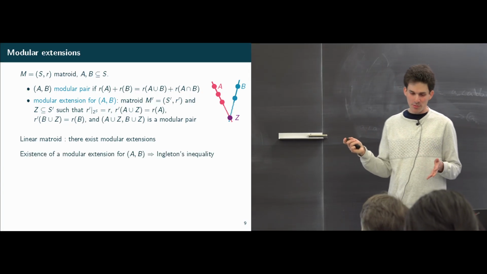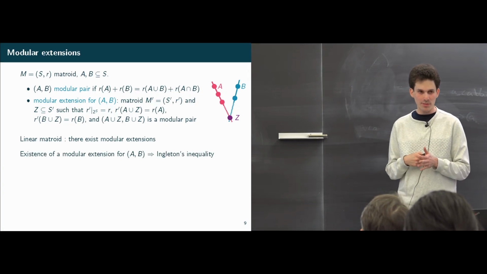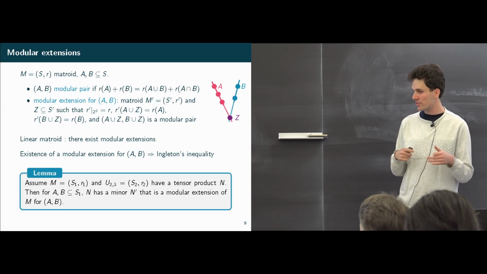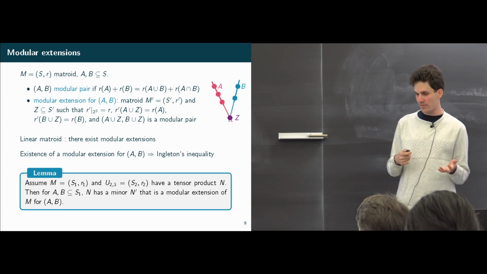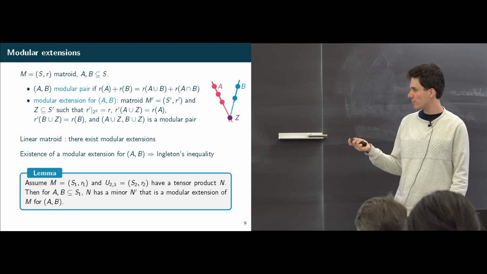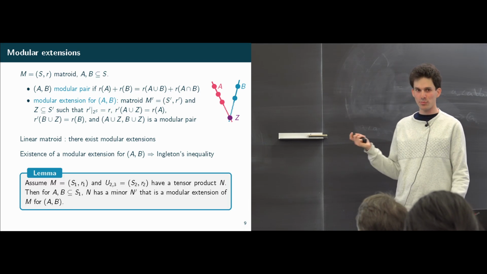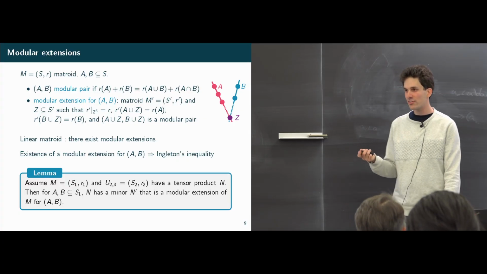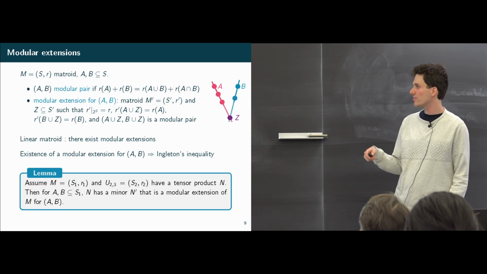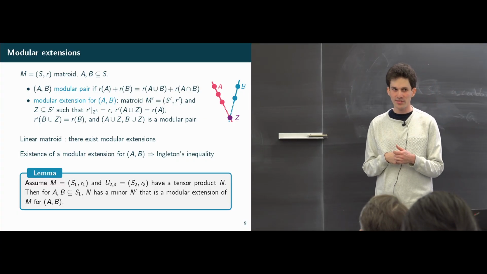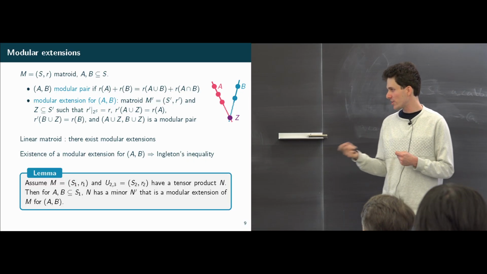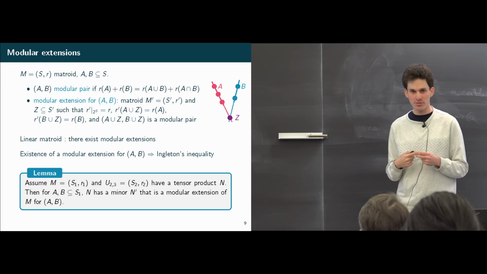And this already provides some explanation of what happened in the first part of the talk, where we derived Ingleton's inequality, because Ingleton's inequality can be proved using the existence of modular extensions, and our lemma says that having a tensor product with U2 implies the existence of modular extensions. And this is also a main component of the proof of this skew-representable result.